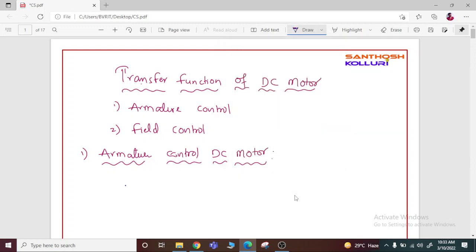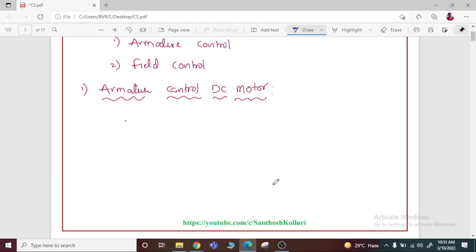So if you see the circuit diagram, the equivalent circuit of the armature control DC motor can be shown like this. So this is the field winding having the resistance RF and the inductance of the field winding LF, and this is the field voltage which is kept constant.